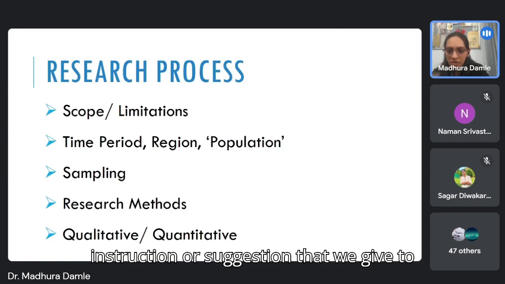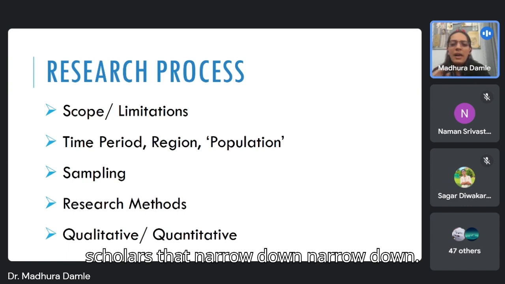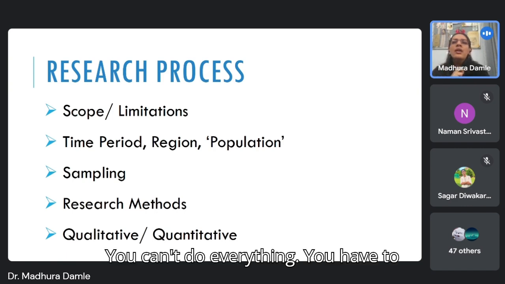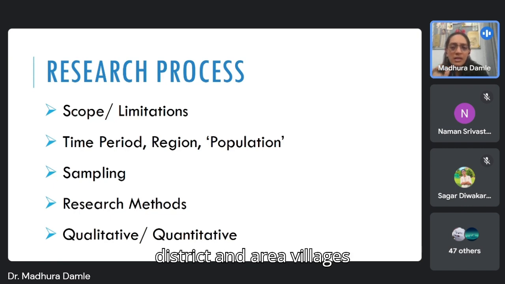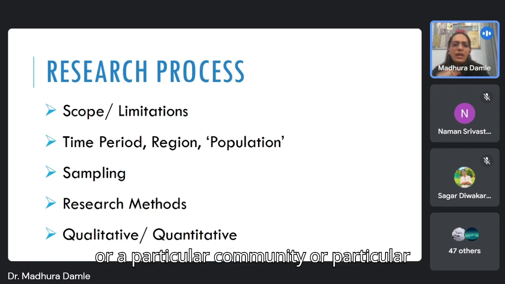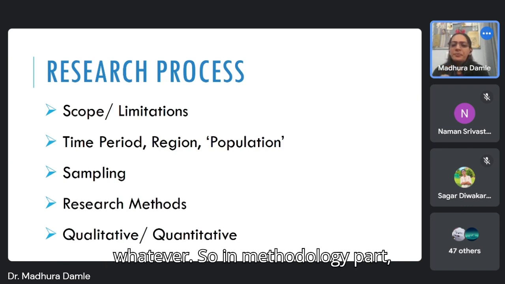And this is the instruction or suggestion that we give to most of our PhD scholars: narrow down. You can't do everything. You have to select something very particular, maybe a district, an area, villages, or a particular community or particular political party, organization, whatever.